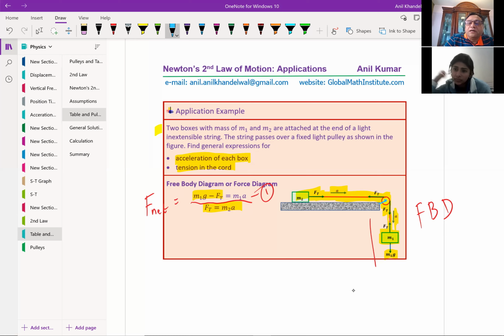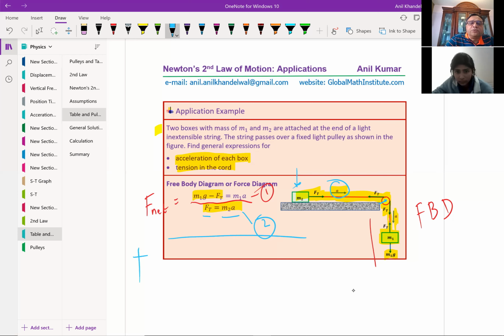On the second mass, you can see very clearly there is an external force Ft, and this external force causes the acceleration a, and therefore the equation is Ft, the tension, equals M2a. That becomes our second equation. So we have these two equations, and to get the acceleration and tension Ft, it is very simple.